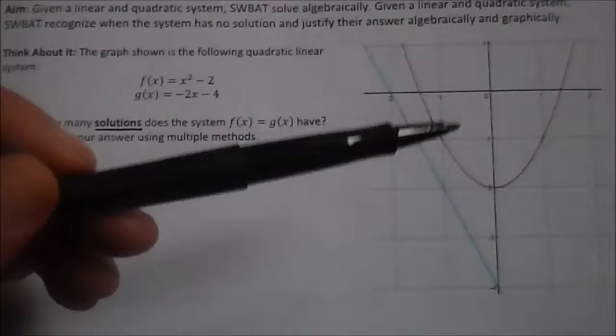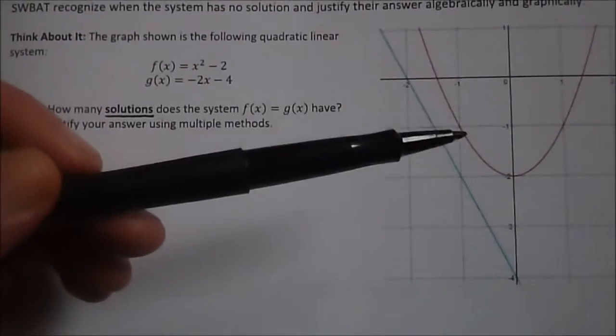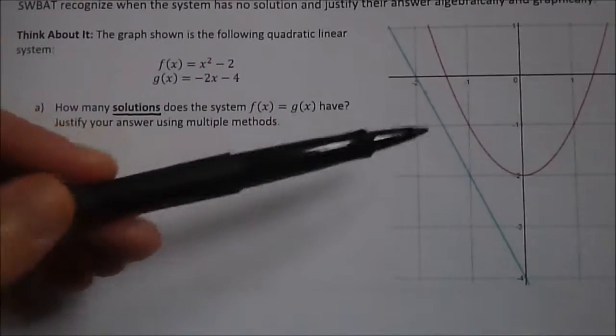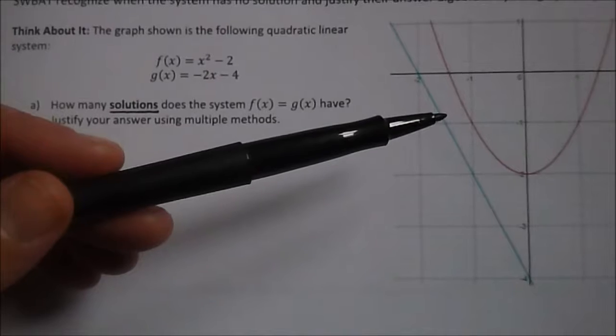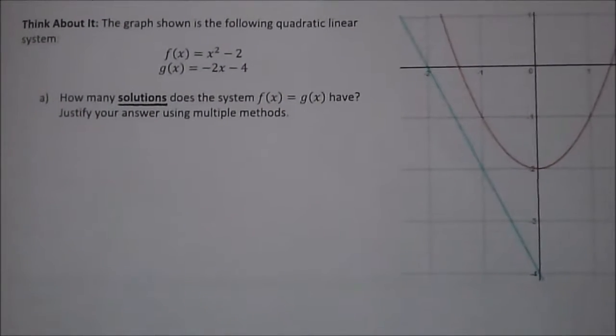Recall from Algebra 1 graphically that when a graph of a system of equations has no points of intersection, as we can see this graph of f of x and g of x does, that means there are no solutions to this system.